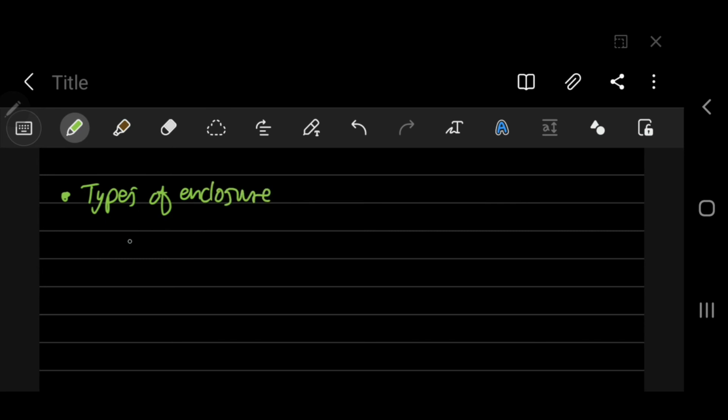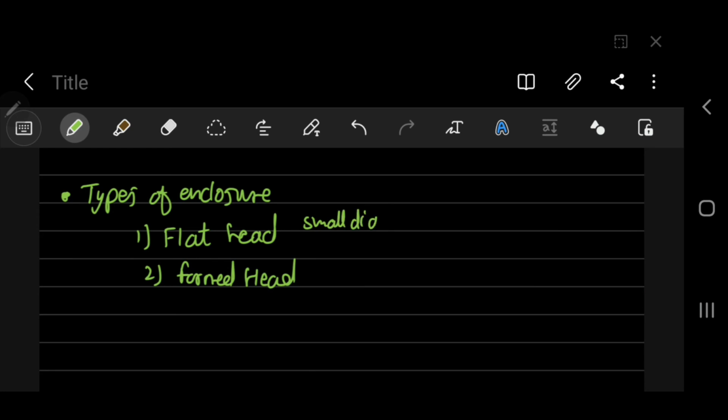There are basically two types. The first is the flat head, and the second one is the formed head. The flat head is used for small diameter manhole covers. In the flat head there is a stress concentration.